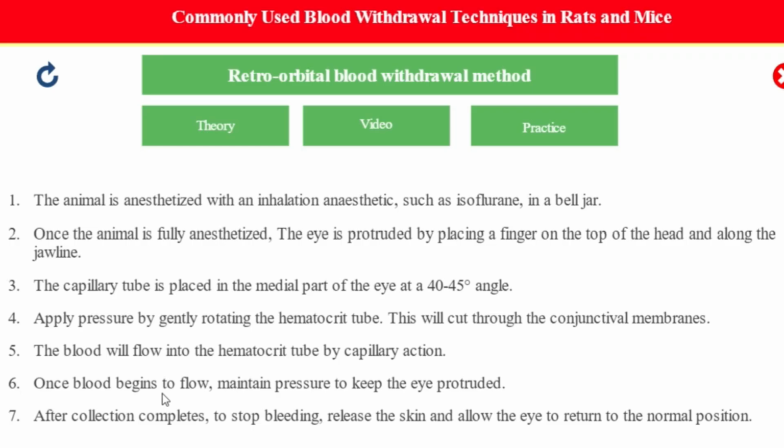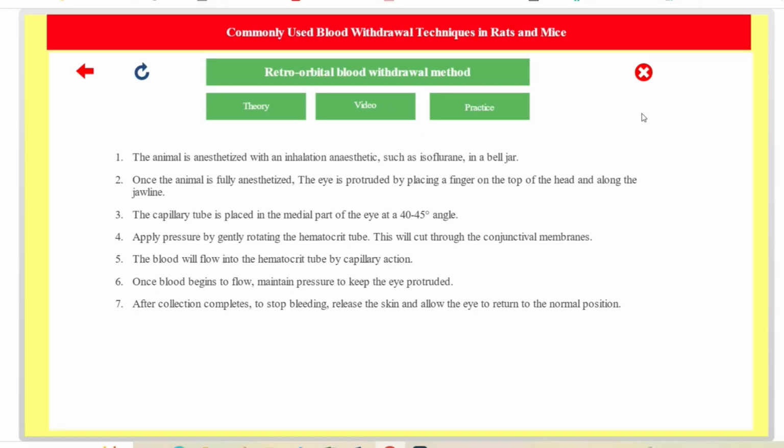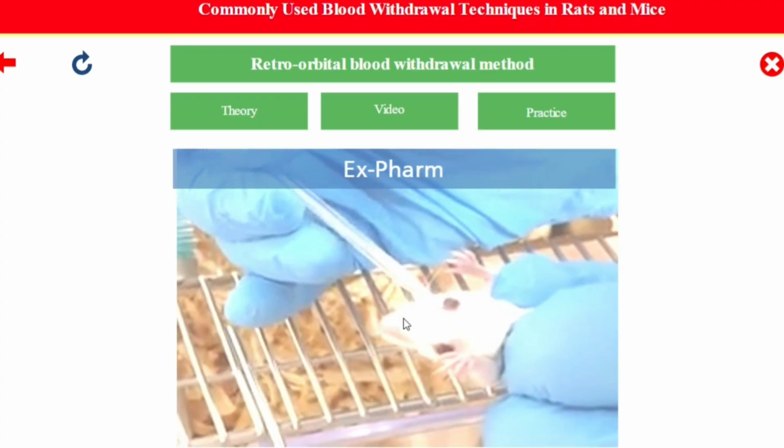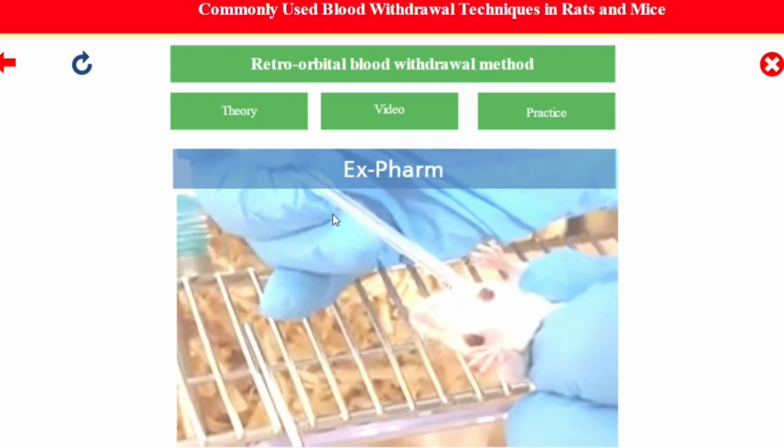Once the blood begins to flow, maintain the pressure to keep the eye protruded. After collection is complete, to stop bleeding, release the skin and allow the eye to return to the normal position. So now we will see the video. Here you can see this is the capillary tube.